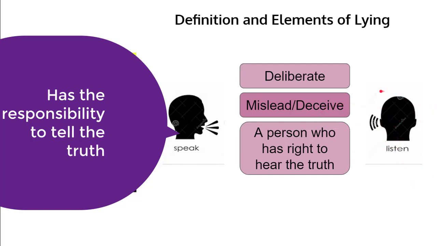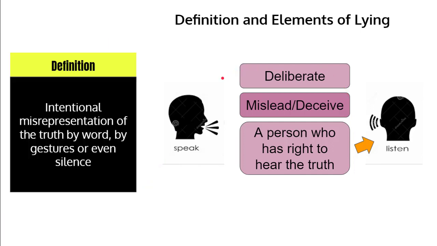And then, of course, the listener is the person who has the right to hear, to know the truth. Again, for the elements of lying, it is deliberate. The purpose is to mislead or deceive a person who has the right to hear the truth.